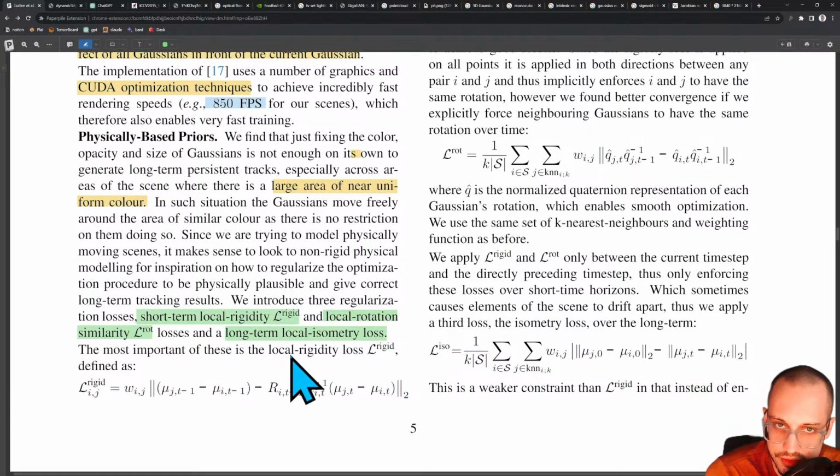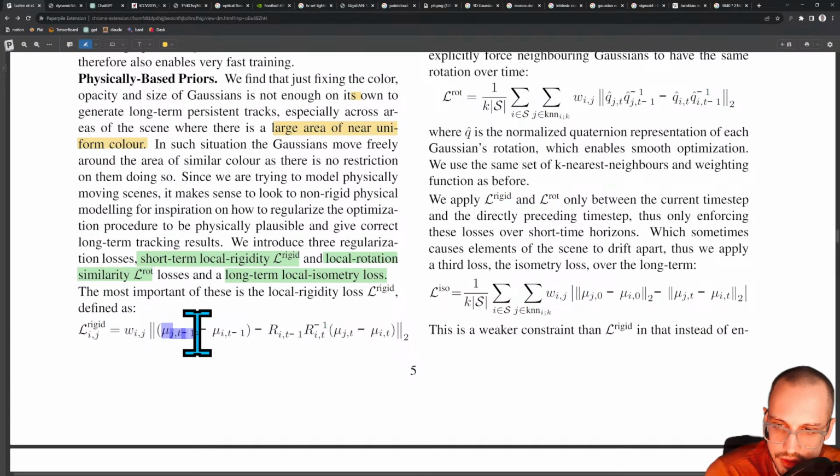So you have mu j t minus 1 minus mu i t minus 1. So j and i are probably 2 different Gaussians. So the difference between the mean of these 2 Gaussians, right?